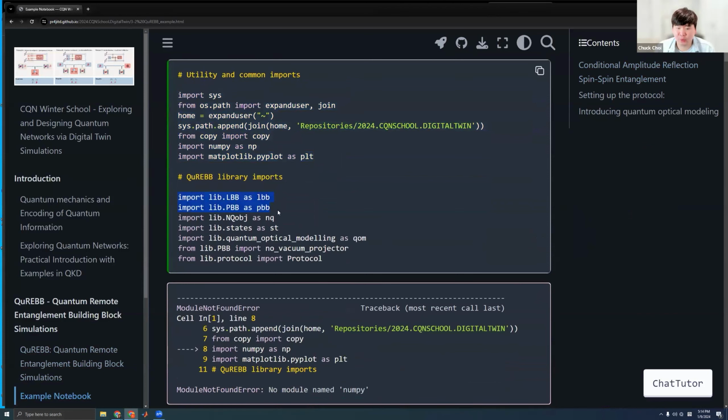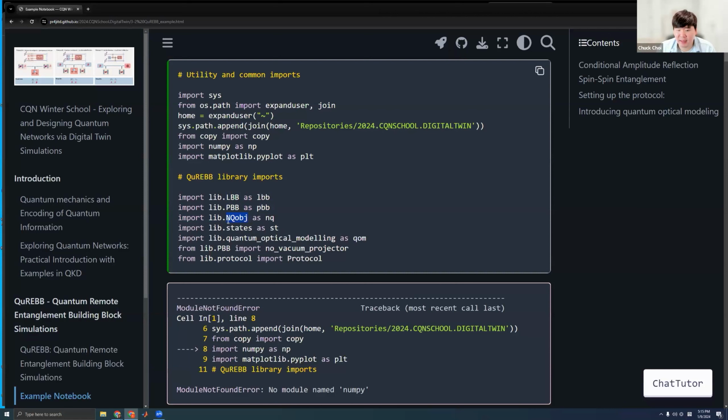We need to import the library functions offered by the QRAP. Here I'm first importing the logical building block, which we abbreviate as LBB. We import the physical building block, which is the PBB. We also import the named quantum object here. This is another feature that we introduced in the QRAP.